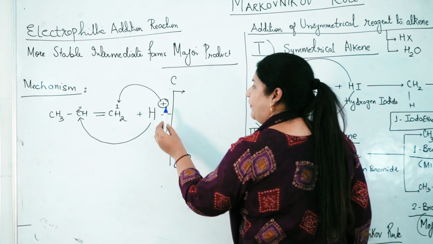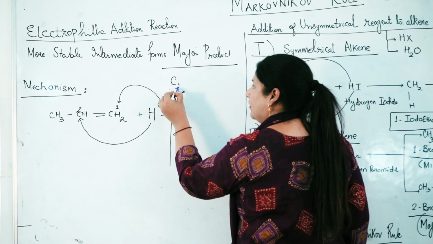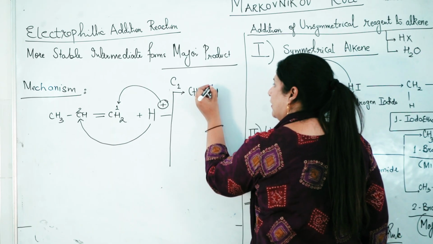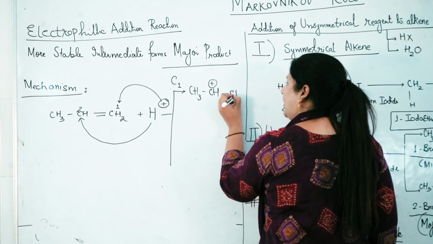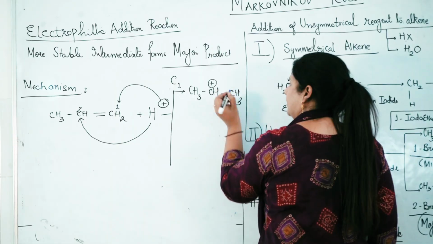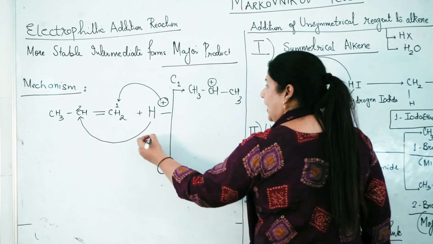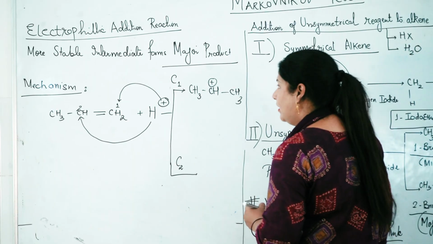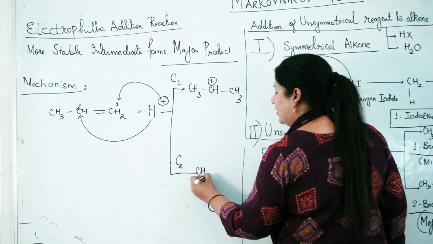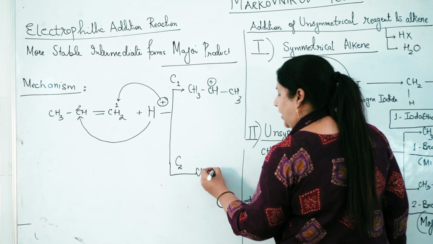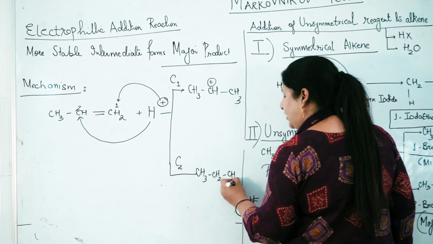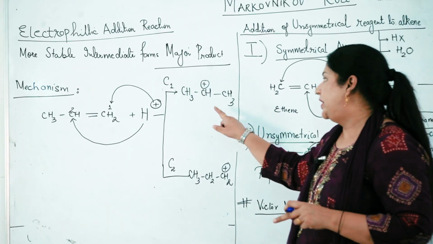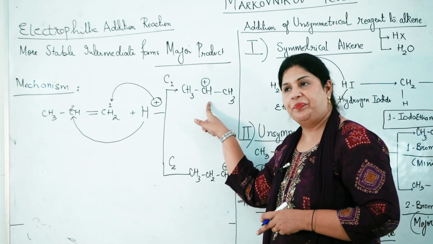If it is going to carbon number 1, what will be the intermediate? Intermediate will be this. And if it is going to carbon number 2, then what will be the intermediate? Intermediate will be this.